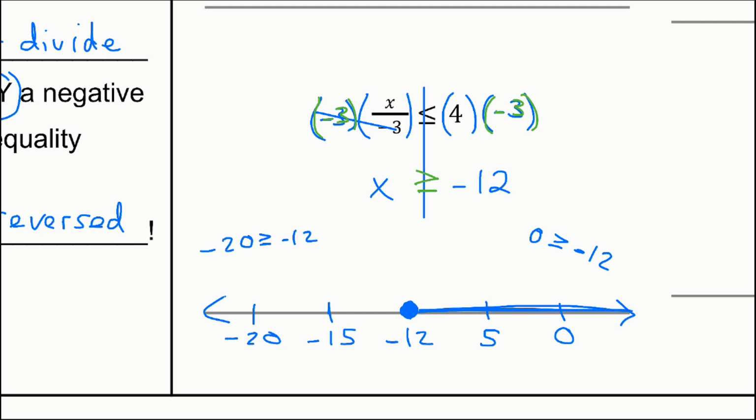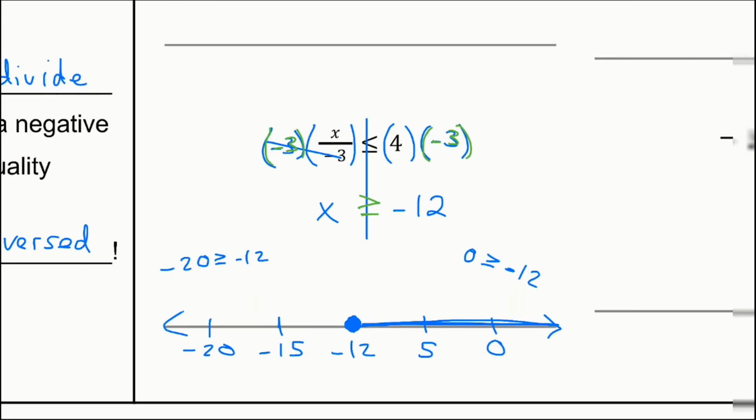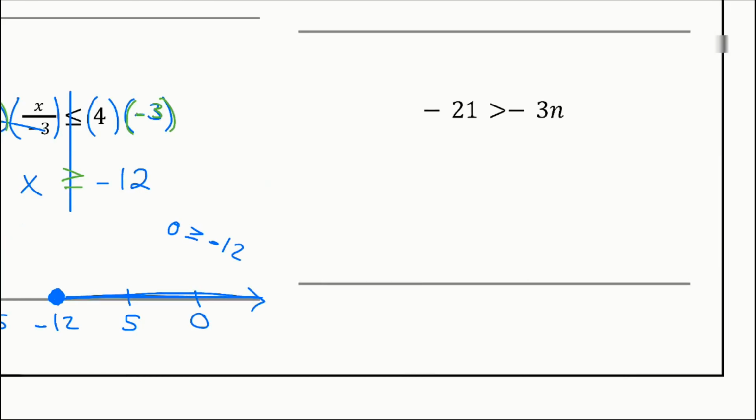All right. Going to do one more on the right here. Negative 21 is greater than negative 3n. So from here, since that is a multiplication problem, we'll divide. And because we are dividing by a negative 3, our inequality symbol will have to be reversed.